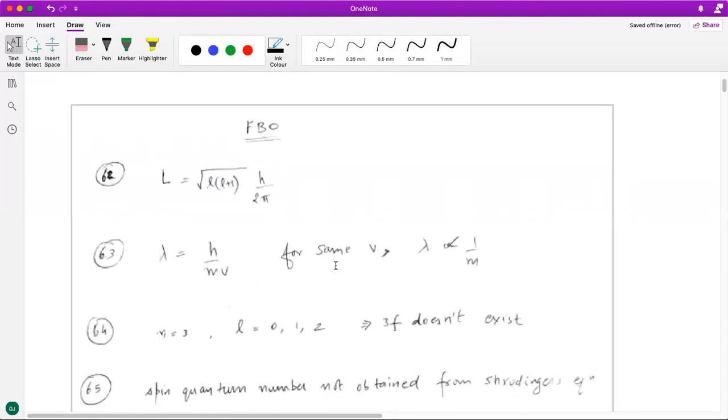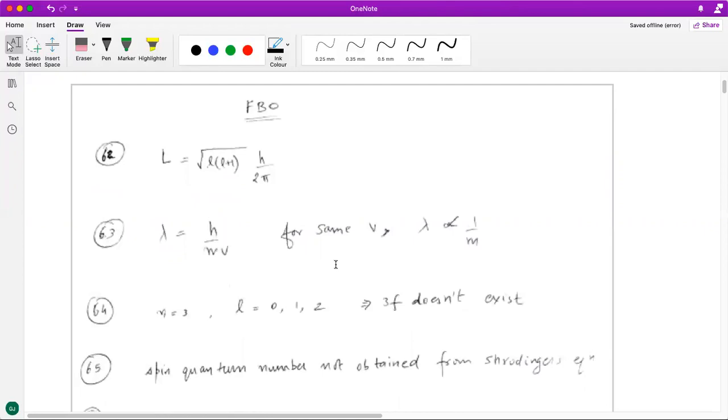Now, the starting few questions are based on the quantum mechanical model only, and the basic formulas or results from the quantum mechanical model. The 62nd question talks about the orbital angular momentum, and we have a simple formula for it. Now, you have been asked for the 4D orbital.